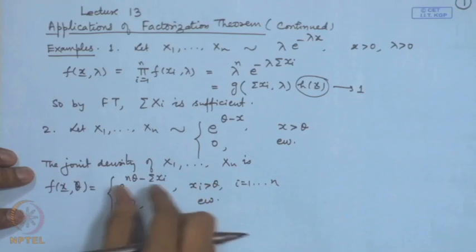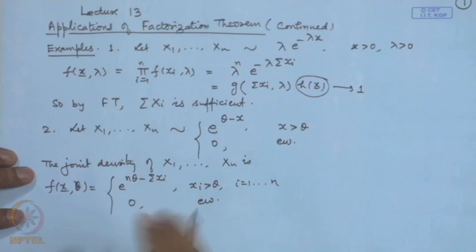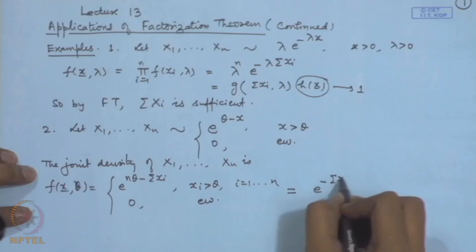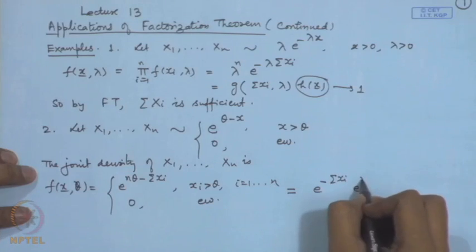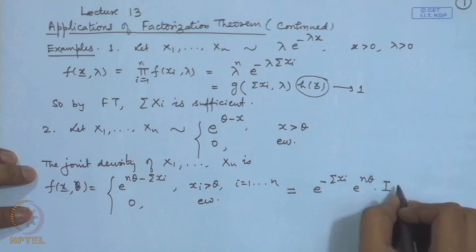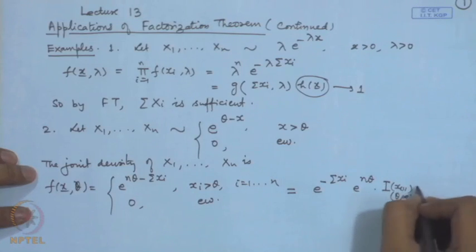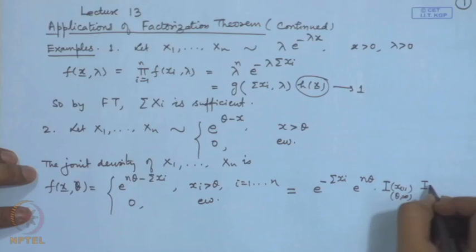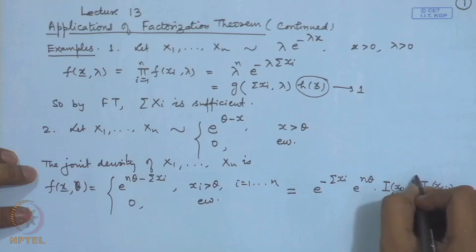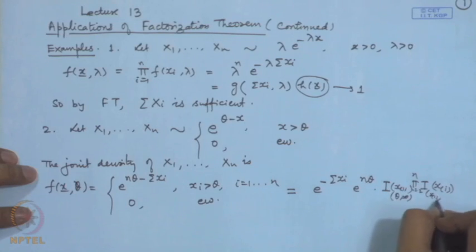If we want to write it as a product, we will make use of the indicator function. So, we can write it as e to the power minus sigma xi, e to the power n theta, indicator function of the set X(1) from theta to infinity, and indicator function of the other xi's, from 2 to n, from X(1) to infinity.